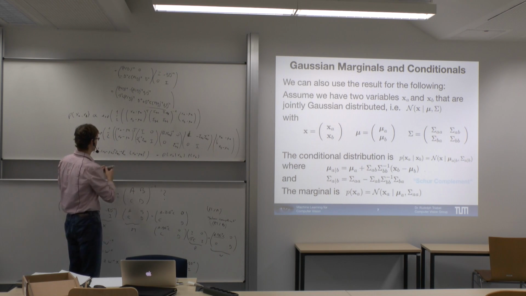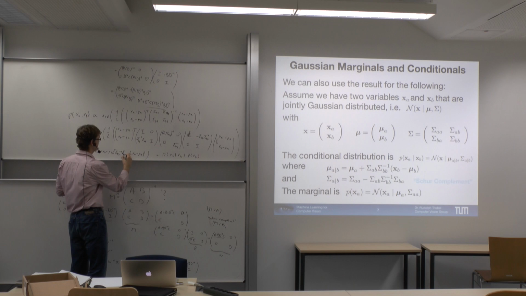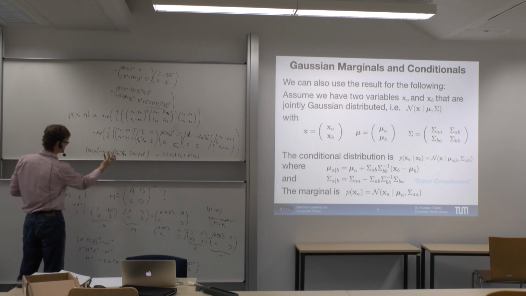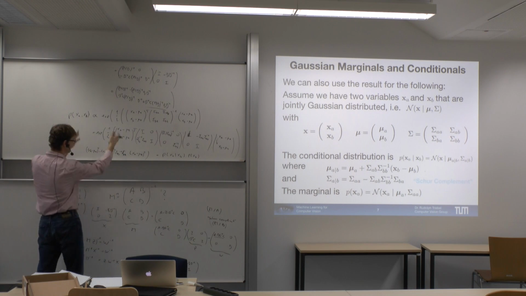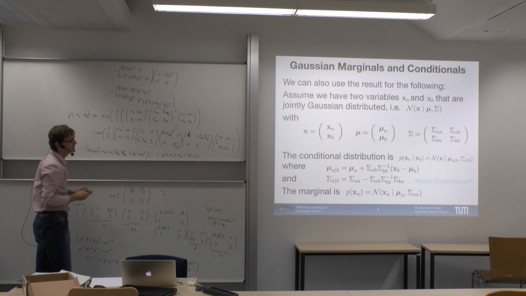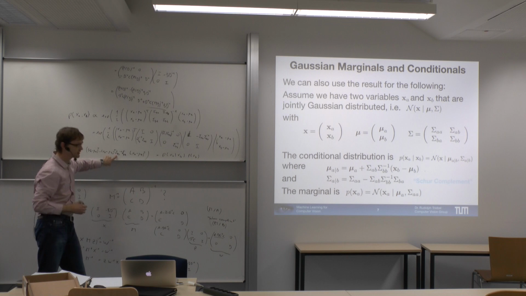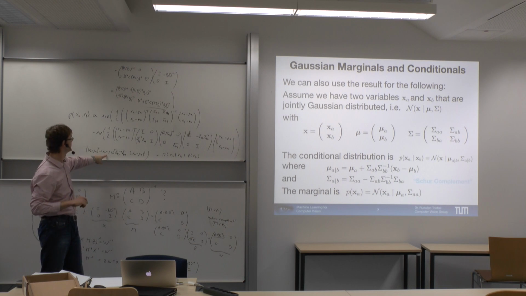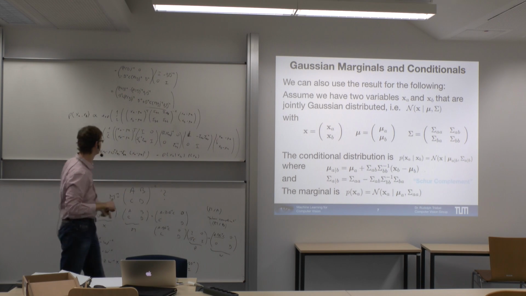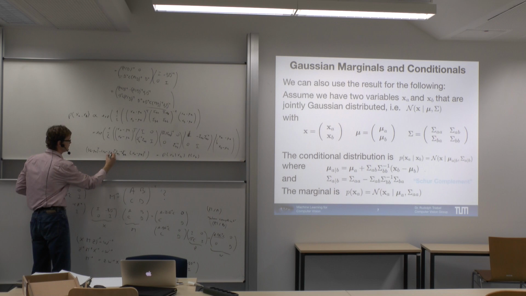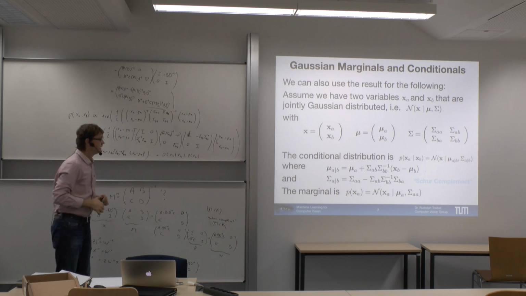This is BA at the moment, but we have to transpose this whole thing because you have to write it in transpose again. That means we have times sigma AB times this transpose, it's the same because it's symmetric, times XB minus mu B. That's right, XB minus mu B.